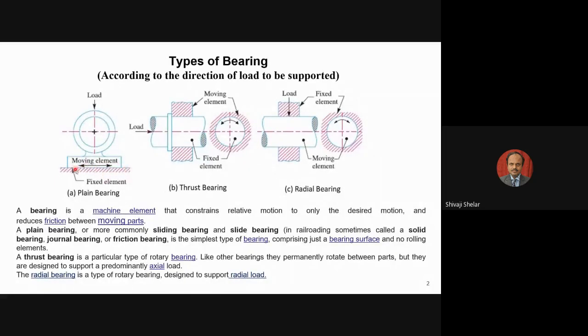Now this is a plain bearing. As an example of a plain bearing, you have used a lathe machine. There is a bed guideway on which you have a carriage, on which you are supporting. When you are feeding the tool either manually or with the help of lead screw for turning, taper turning, or any other facing operation, there is a relative motion of your carriage on the lathe bed surface.